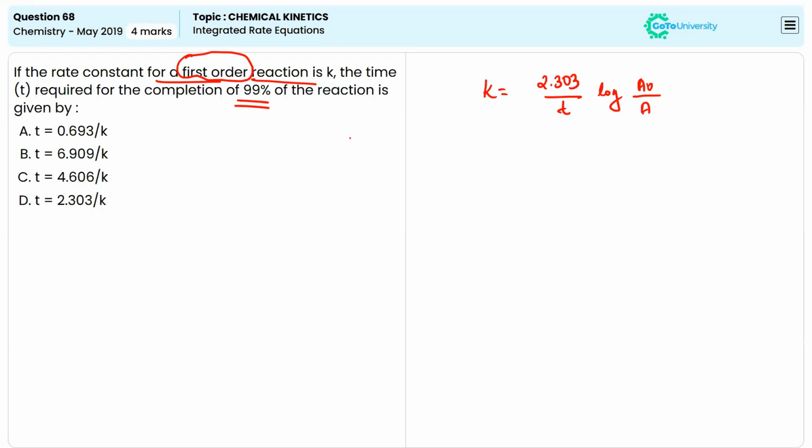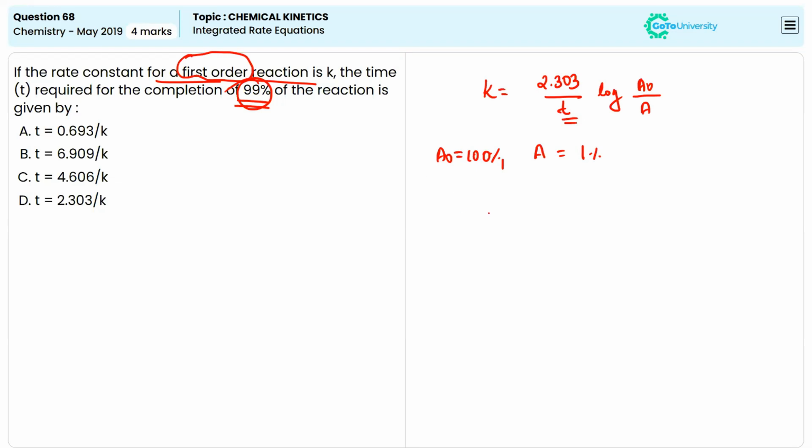The reaction is 99 percent complete, so we can take the initial concentration as 100, and after completing 99 percent, the remaining will be 1. We can find the value of t here. No other values are given, and all the options are in terms of K only, so no need to substitute a value for K.